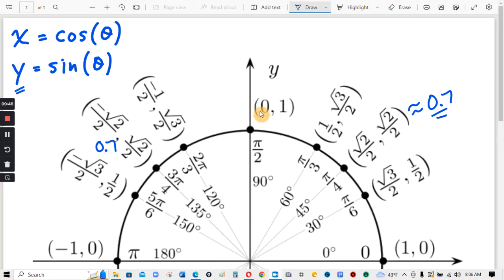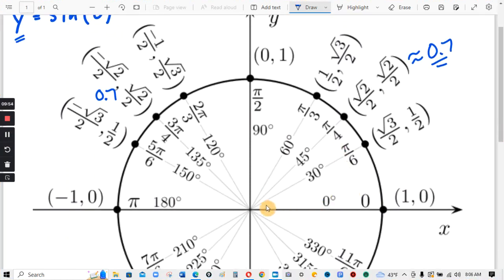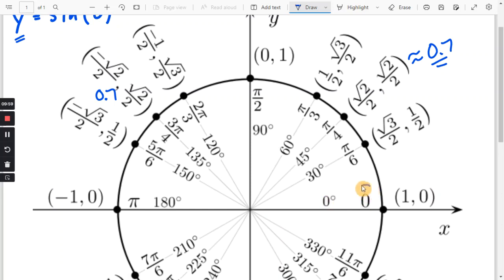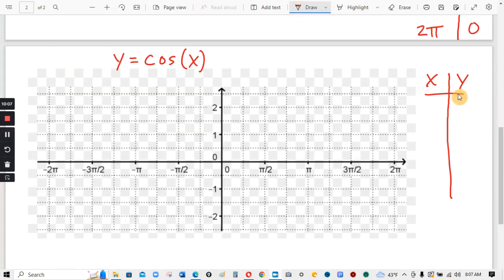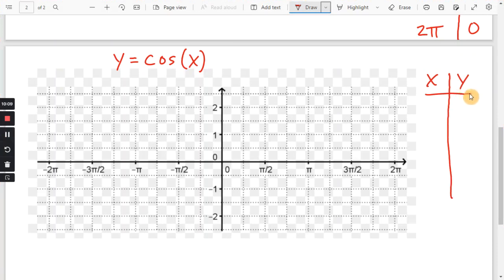Okay, now we're going to be doing the cosine function. So we're going to be looking at the x coordinates. All right. So we start at 0 degrees or 0 radians. The cosine is going to be 1. So just like before, xy coordinates, at x equals 0 radians, the cosine is going to be 1.